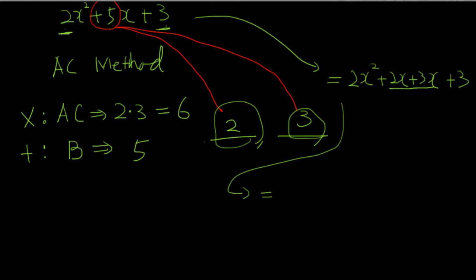Now that I split this middle term, I'm going to group these two together and group these two together. Group the first two and group the second two. Then what can I factor from these two? It looks like I can factor out 2x.